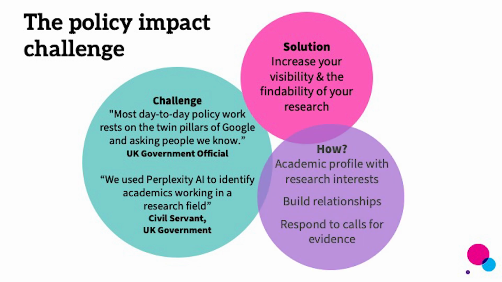And to do this, one of the biggest things you can do is have a really clear academic profile, which has your research interests, your recent research publications, what you're working on, what your expertise is. So if someone is looking for someone with that expertise, you appear in that list, you appear in the Google search, you appear when AI is looking for that information.